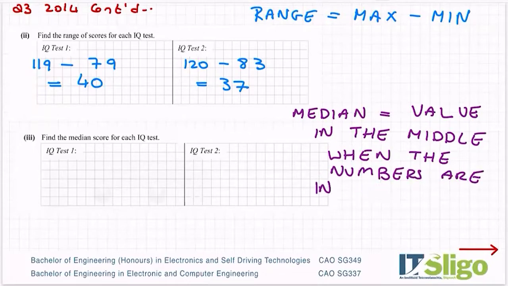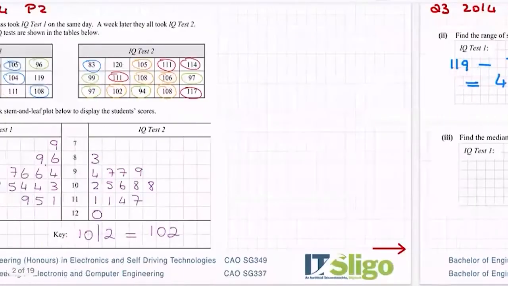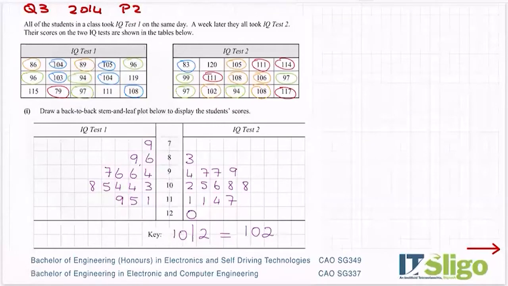I call it numerical order, if that makes sense. So in other words, they're going from lowest to highest, okay? So the value in the middle when the numbers are in order, okay? So what did we say was here? 15 numbers, okay?